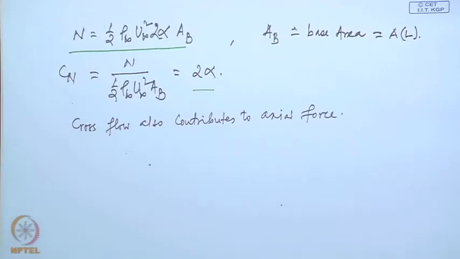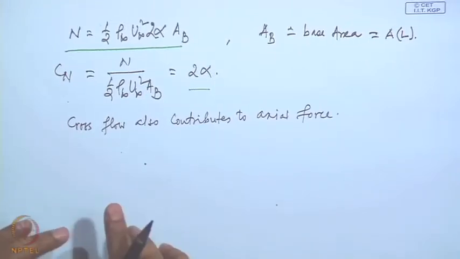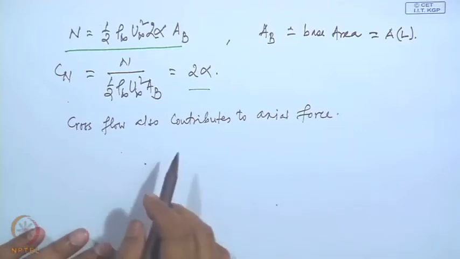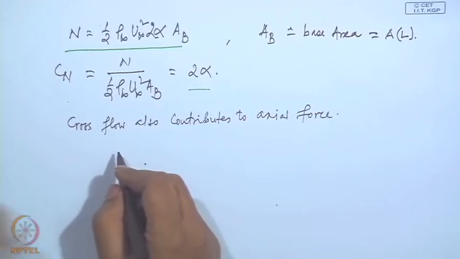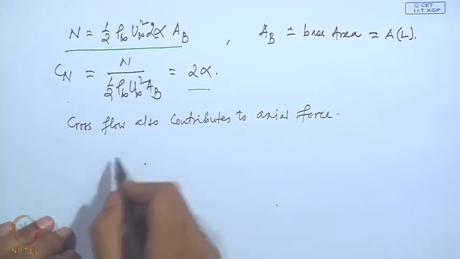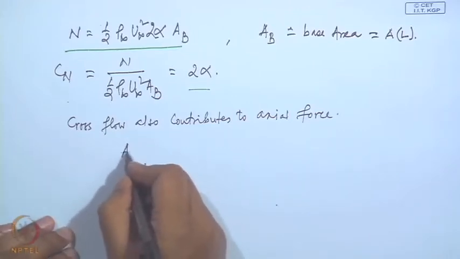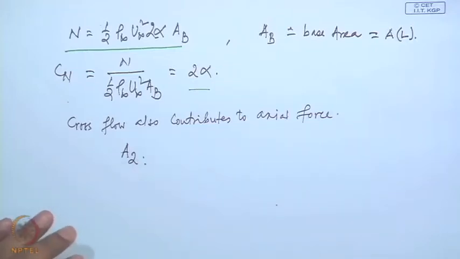So, you see that the axial flow contributes only an axial force, but cross flow contributes both a cross force as well as an axial force. The axial force due to the cross flow, let us denote it by A 2, where the drag force, which we may now call in a generalized sense an axial force due to axial contribution, is A 1.